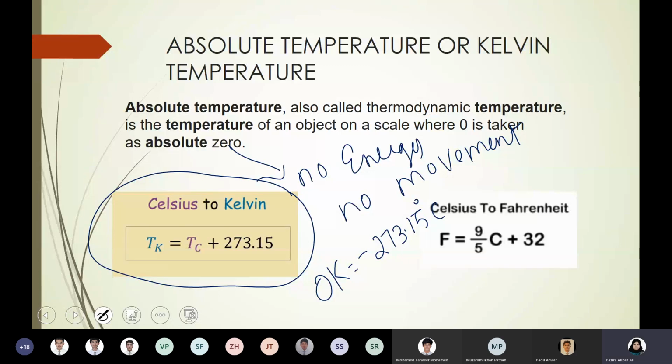Ma'am, so you're saying negative 273.15 degrees Celsius is unachievable? Negative 273.15 degrees Celsius is 0 Kelvin, that is the absolute zero.